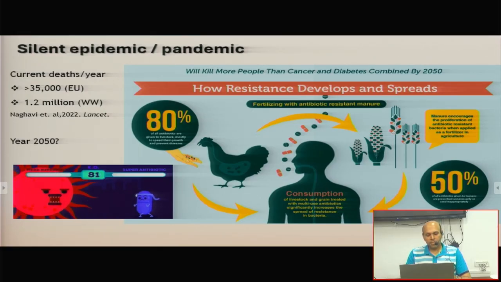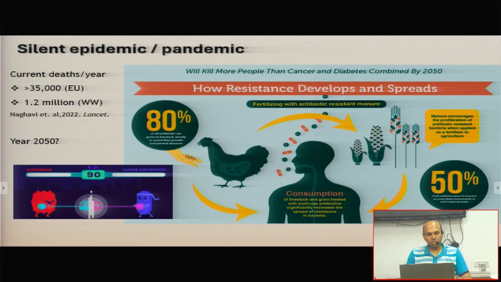And previously, the Jim O'Neill report said that by 2050, 10 million people will die. Now, new reports are saying 39 million people will die by 2050 as a result of that. So it is a huge number.